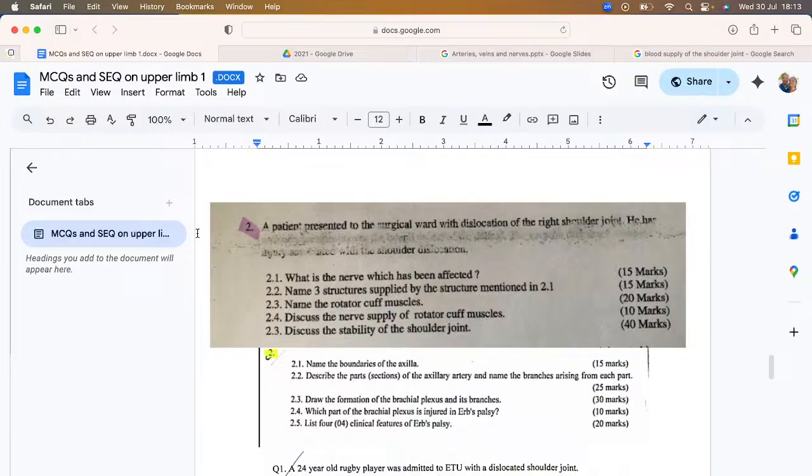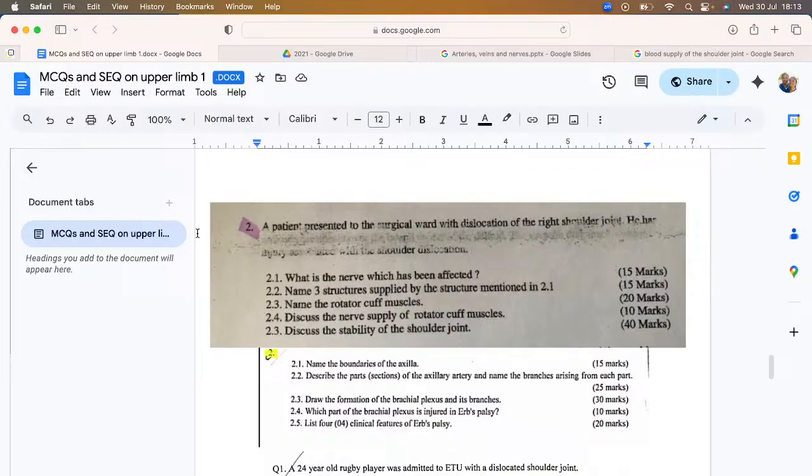So what is the nerve which has been affected? Now, let's say that for this presentation, the patient had an inferior dislocation. If it's an inferior dislocation, the nerve that usually gets involved is the axillary nerve. There are usually two structures that are affected by the axillary nerve.